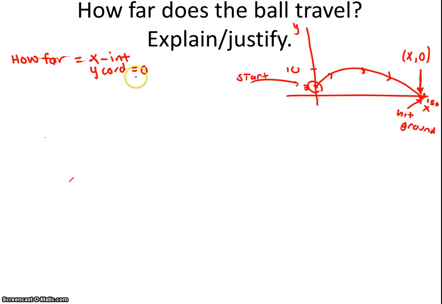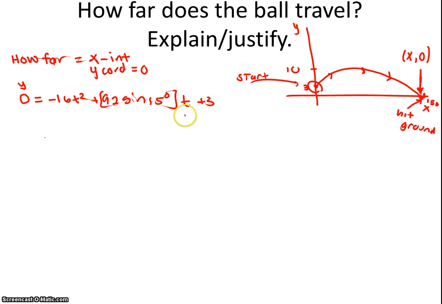So if I plug in my y-coordinate as 0, I can algebraically find it. In my y equation, I'm going to plug in y equals 0, because originally it was y equals negative 16t squared plus 92 sine of 15 degrees t plus 3.